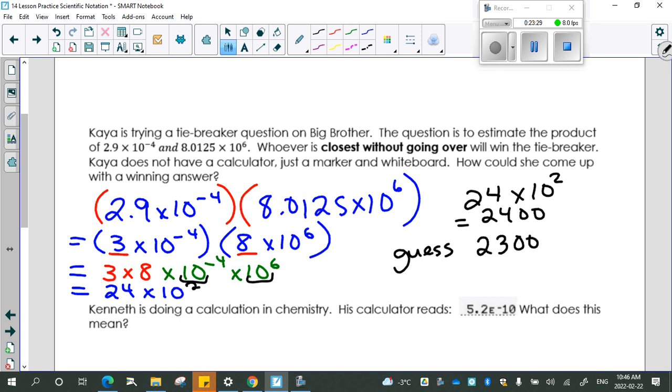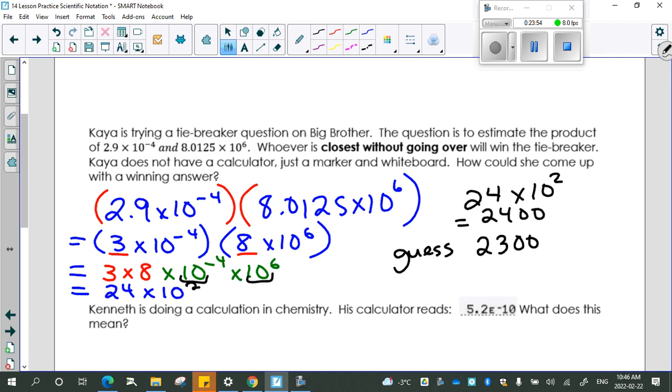Now let's actually try it on our calculator and see what we get. See how good our guess is. So 2.9 times 10 to the power of negative 4. And ask your tutor how to put that in your calculator if you don't know. Times 8 times 10 to the power of 6. 2,320.